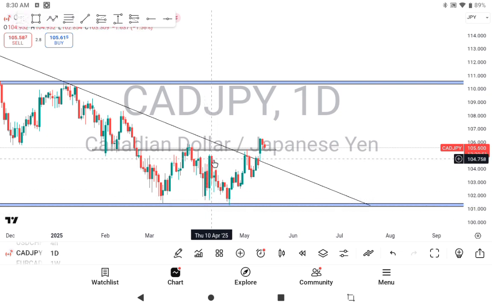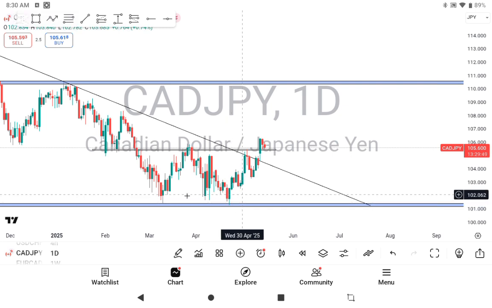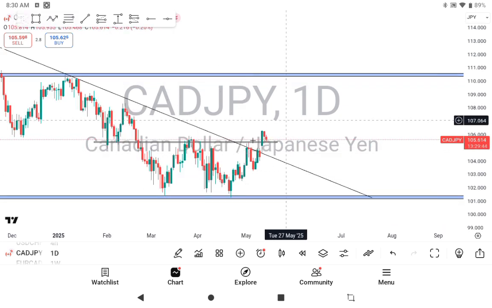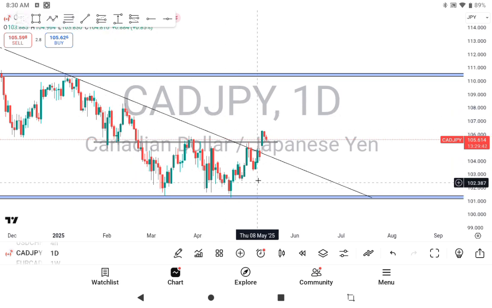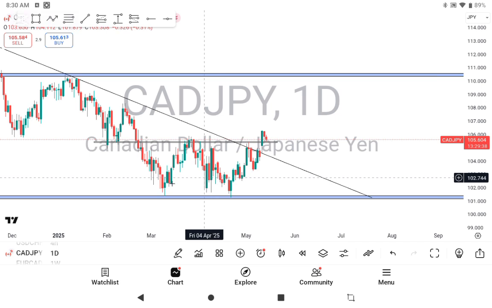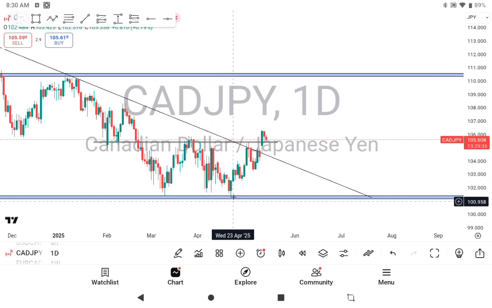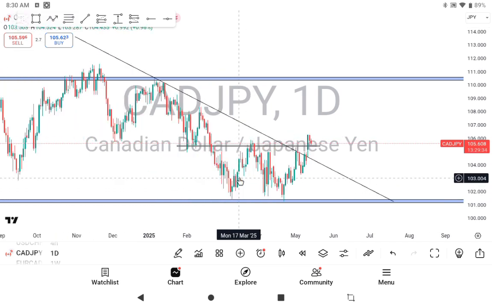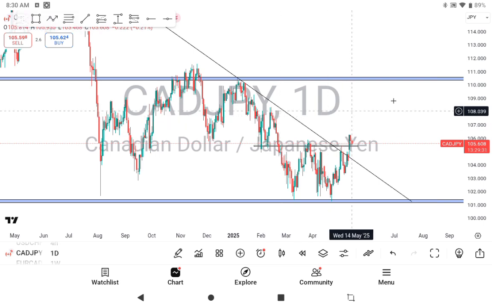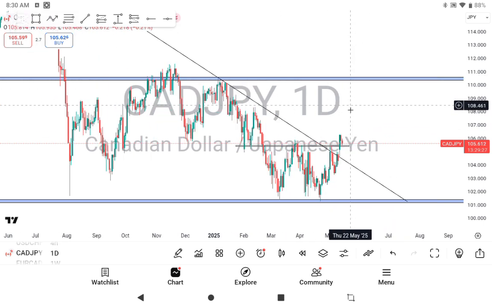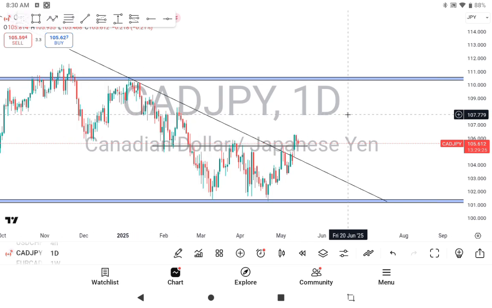It came back again for the third attempt, and that level was strong enough to reverse the price up. A triple bottom, a double bottom, is still a chart pattern. So this level is going to hold, and we should see CADJPY price elevating to this future level of resistance right here.